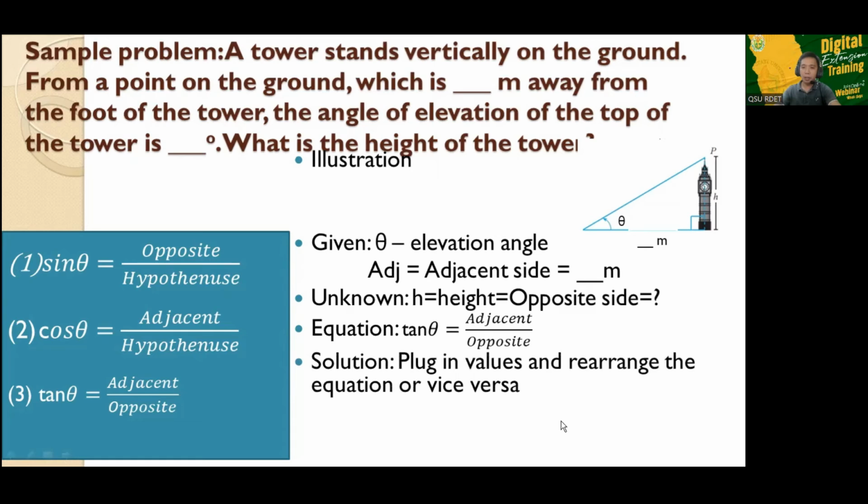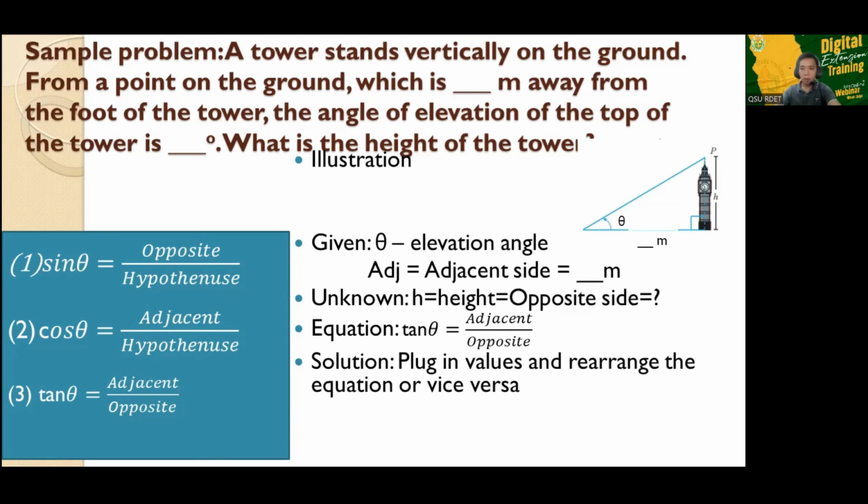Now, in solving the problem, we simply plug in the values. Though prior to solving the problem, we just allow the students to work out first which equation to be used.